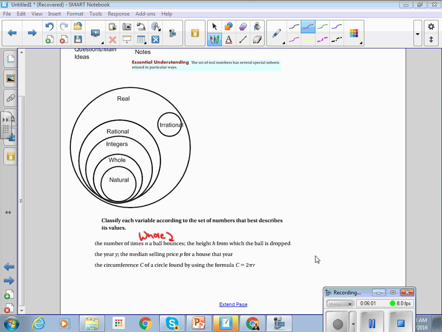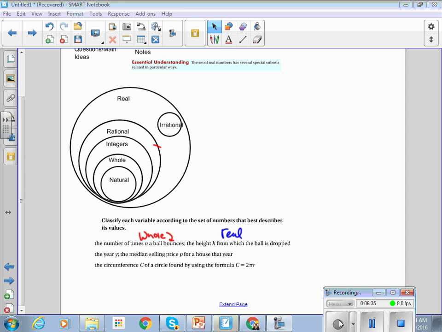Oh, I was going to say about the ball bouncing, it could be a rational number, but it can't be an integer. Can we say that the height is going to be all real numbers? Because we know it can be negative, it can be a decimal, it can be a fraction, can it have pi in it? Yeah, all those things are okay. So we're going to say that the height is real.